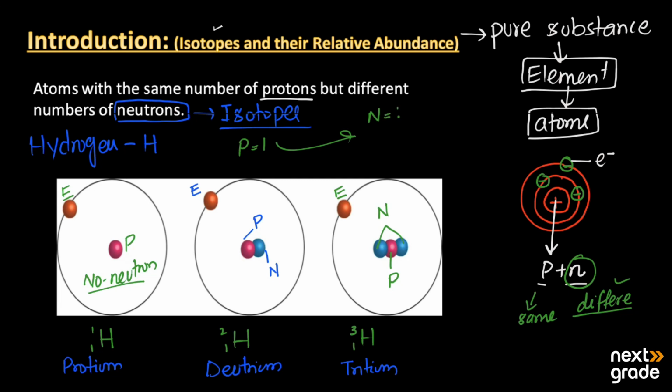The first has no neutron, the second has 1, and the third isotope of hydrogen has 2 neutrons. On the basis of the difference in the number of neutrons, the atoms differ in mass number. When they have different mass numbers, they are called isotopes of that element. So this is a simple explanation of isotopes.